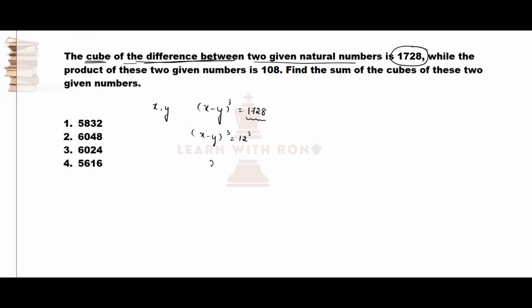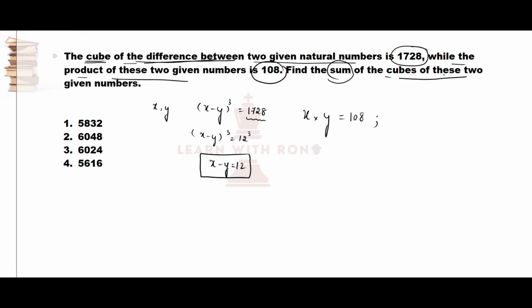So from this we got x minus y value as 12. See the next part, while the product of these two numbers is 108. So they also gave us the product of x and y as 108. They asked us to find the sum of cubes of these numbers. Cubes of x and y are x cube and y cube. They asked for the sum, meaning x cube plus y cube.